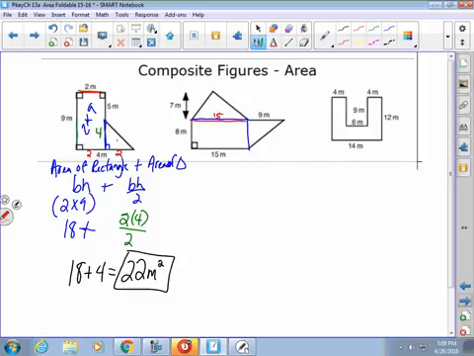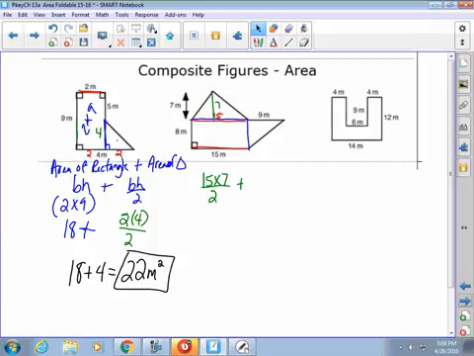Yep, it's 15, the same as my length of my rectangle. And then I'm going to need my height. What would be the height of the triangle at the top? It is 7. Okay? So we are going to do 15 times 7 divided by 2, because we're going to do base times height divided by 2 for that one.